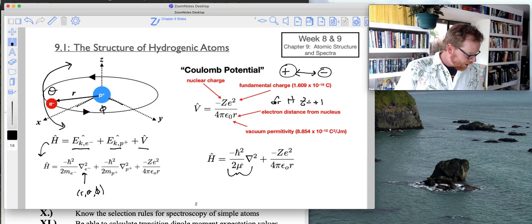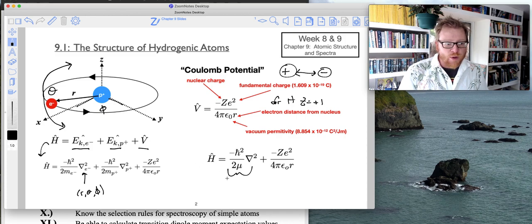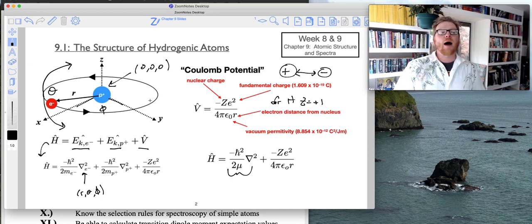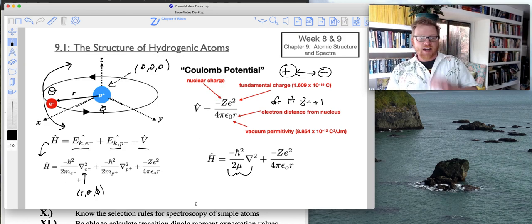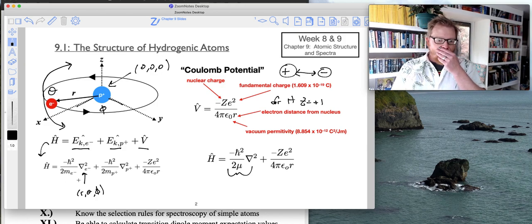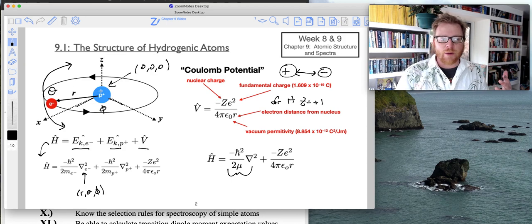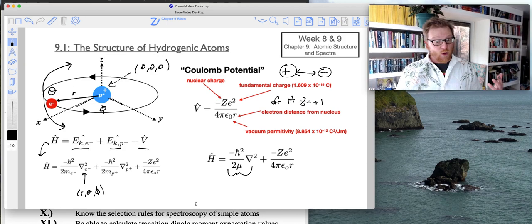So I've combined these two into just one term, because if we set our proton, our nucleus, at the origin, 0, 0, 0, then our del squared Laplacian operator is just going to describe the electron-proton as one system, as one coordinate system.